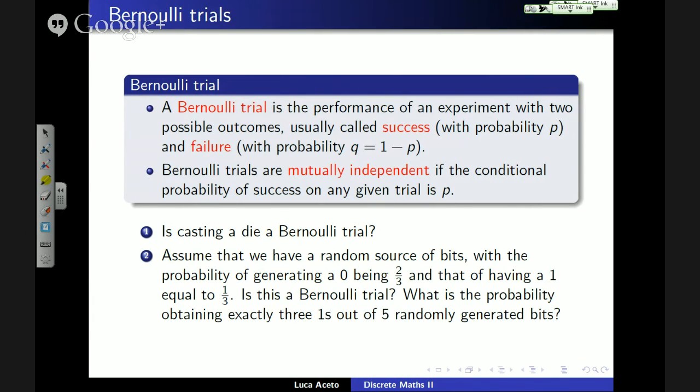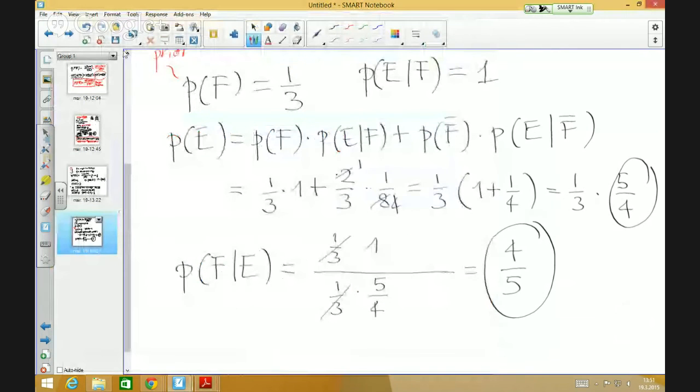So if I ask you, what is the probability of obtaining exactly 3 ones out of 5 randomly generated bits? What would your answer be? Scratch pad. Okay, so the probability of 0 was 2/3. The probability of a 1 was 1/3.